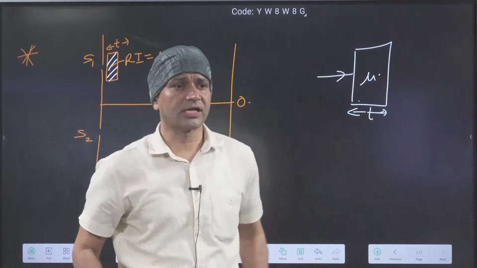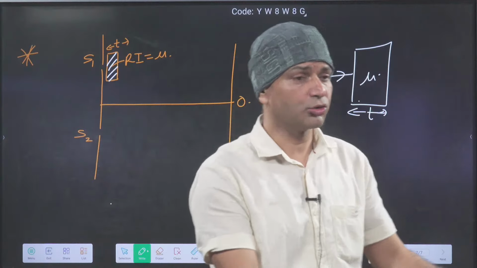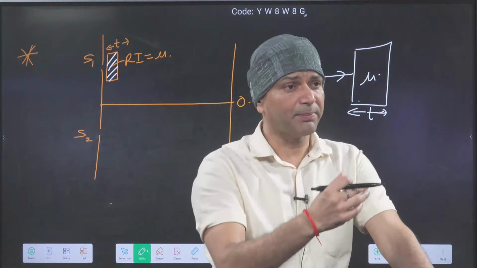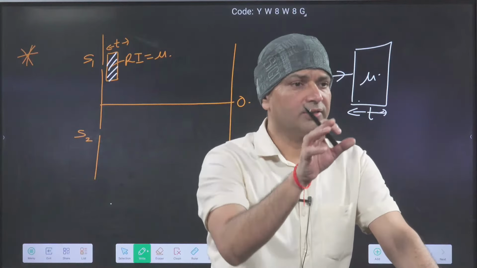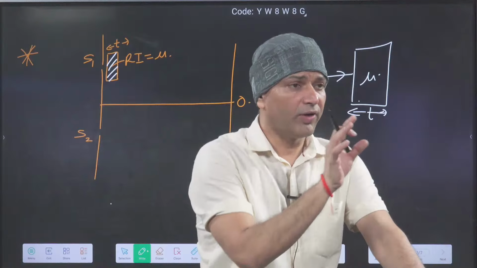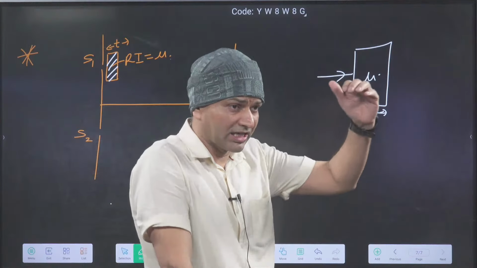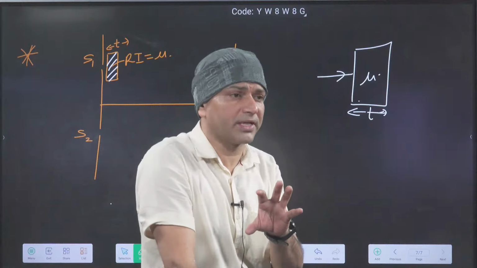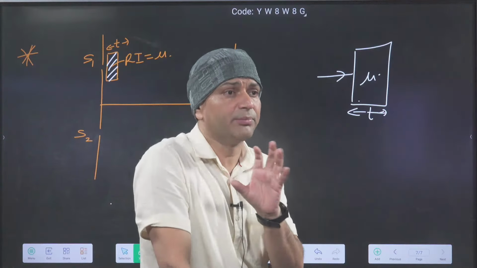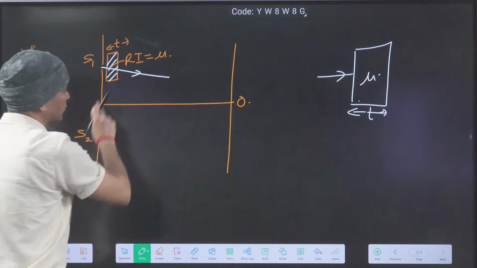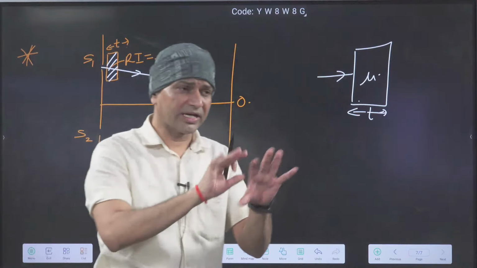If the light is traveling a distance T in the medium, what is the corresponding air distance? That is called the optical path, and the optical path will be equal to mu T.